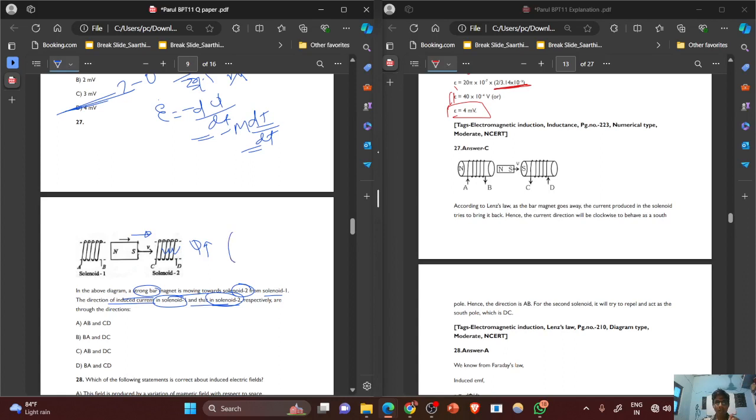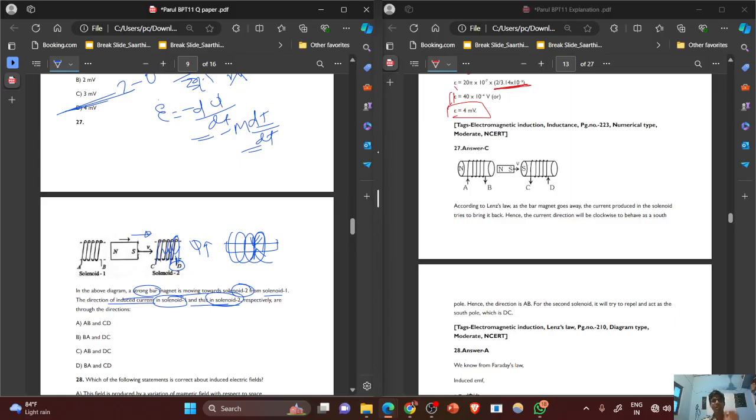If the coil is starting from above, then it should be in this way. But here the coil starts from below. So in the below, the current will be in the downward direction, and in the above it's like this way. So the current should be like this, because the wire is in this way.